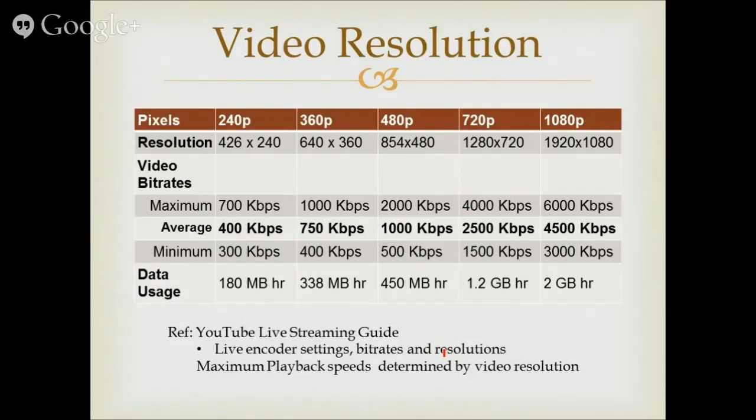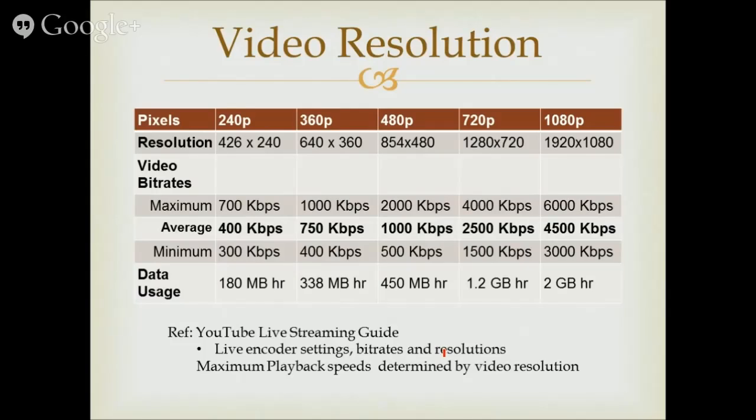In a 640 by 360 display, which is completely adequate, we use up to a maximum of about a megabit per second, and a minimum of about 400 kilobits a second. So on the usage side, that means we're going to use up to 338 megabits per hour.